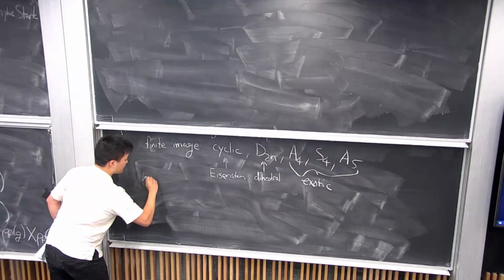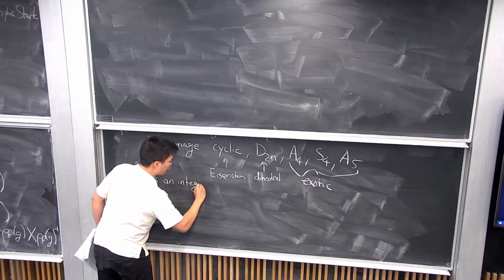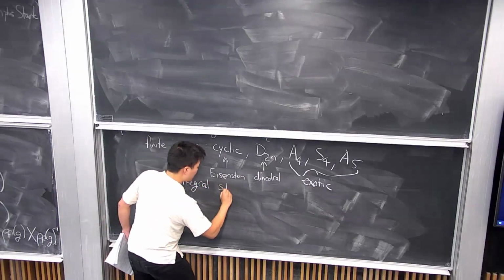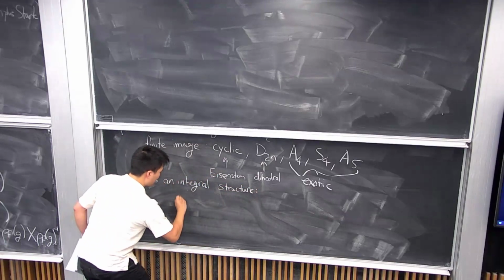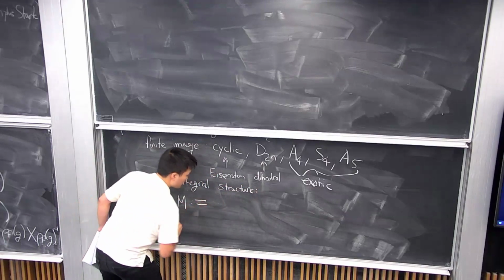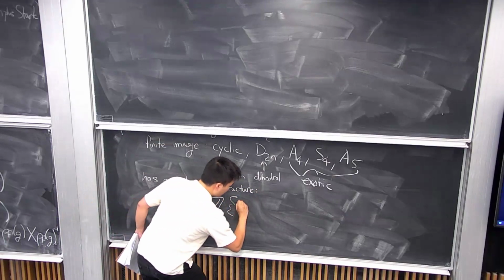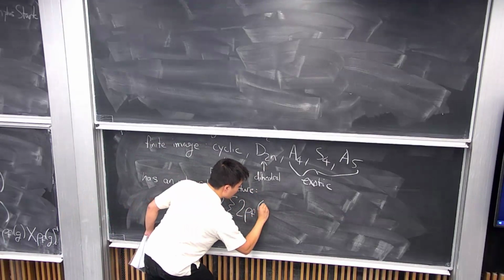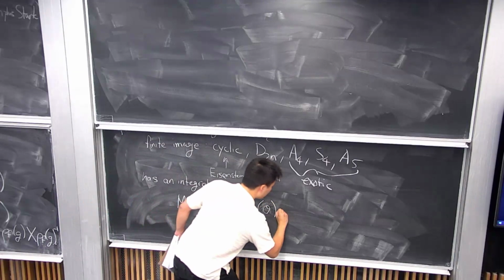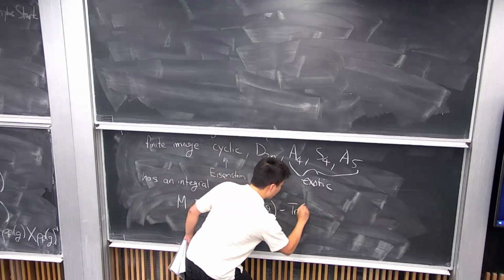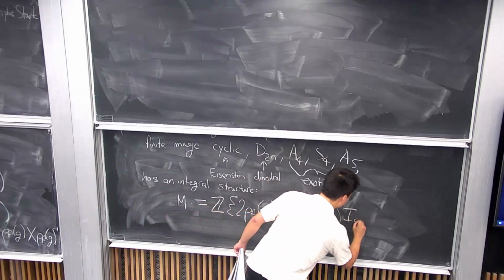It has an integral structure given by the following lattice. We call M the Z-span of elements of the form 2 rho F at my Galois element sigma minus the trace of rho F on sigma times the 2 by 2 identity matrix.